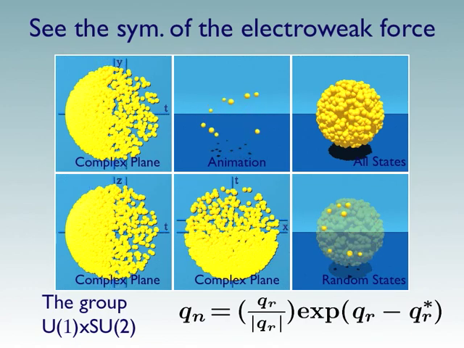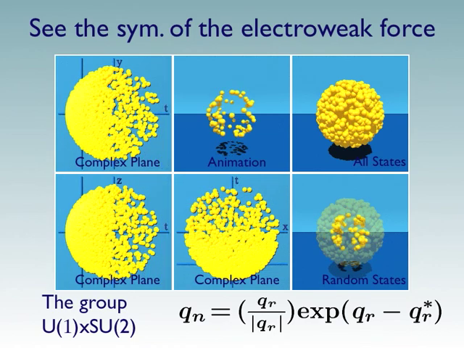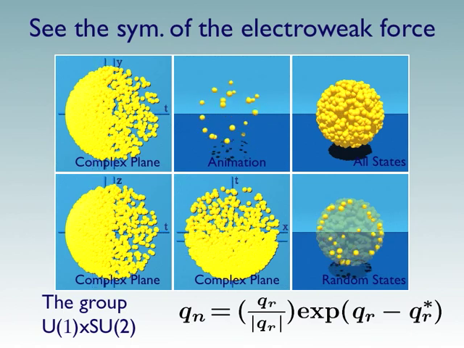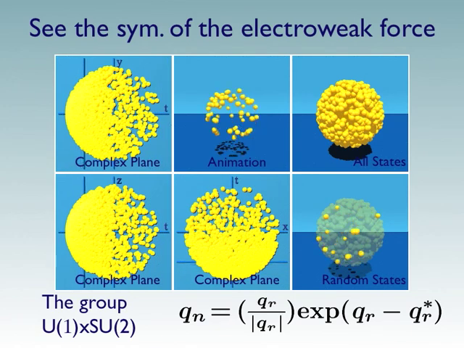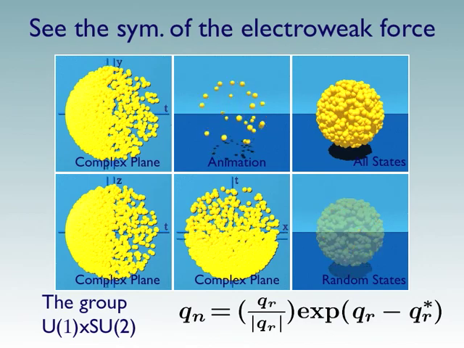So this likes the past now because it's this product of U1 and SU2, and it just avoids the future. But other than that, it forms a nice sphere out of it. All right, well, let's move on.